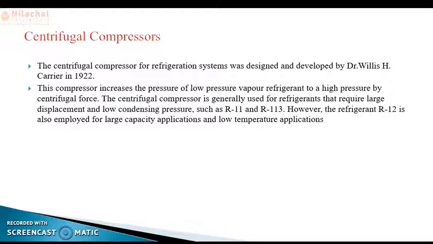As you know, in the positive displacement type of compressor, as you are decreasing the volume, the pressure is increasing.